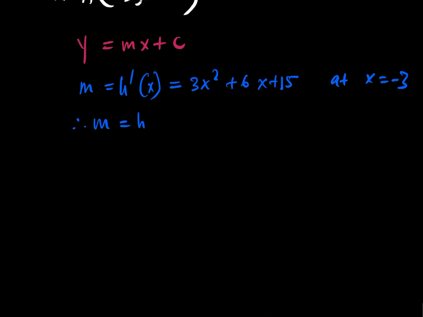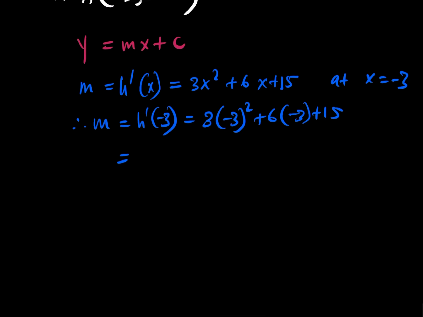So you get h prime at -3. It's going to give you the value of the gradient, because remember that the gradient is basically the derivative. And then you get 3 into (-3) all squared plus 6 into -3 plus 15. This is going to give you the value of the gradient.